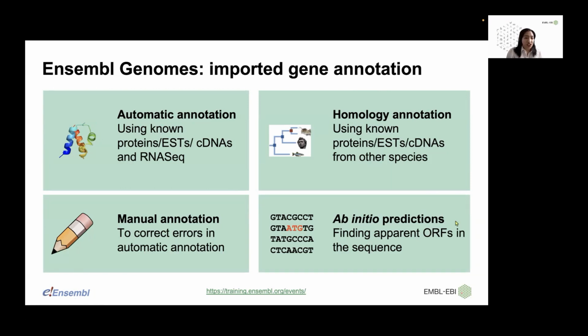And Ensembl Genomes is involved in collaborations from which annotations are imported. So they might use very similar methods to us, so maybe some automatic annotation or manual annotation, but they could also be annotating genes in those genomes using homology or ab initio predictions.